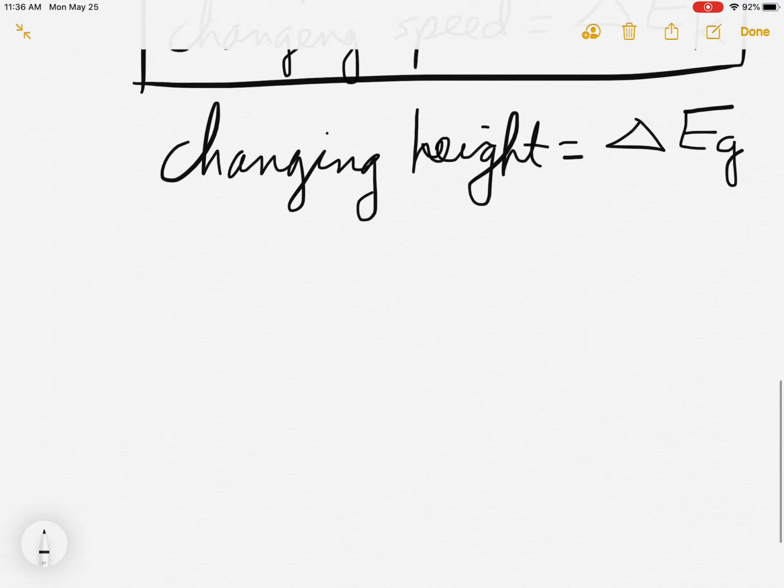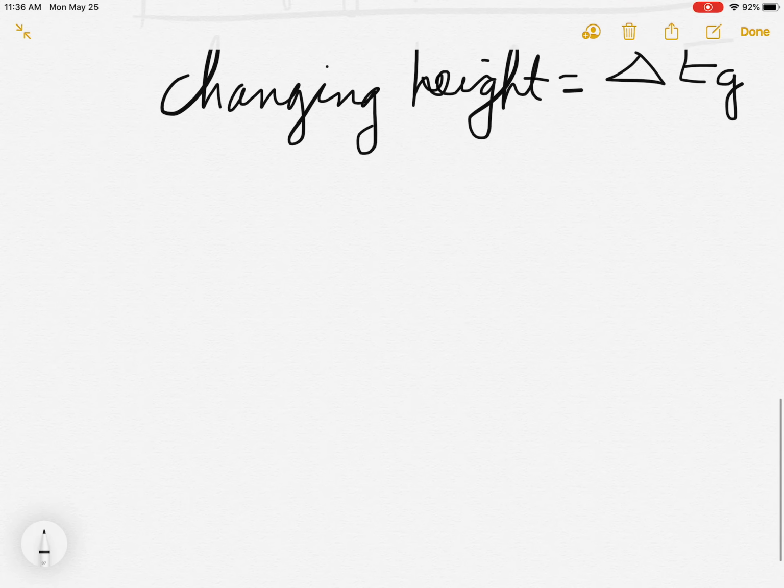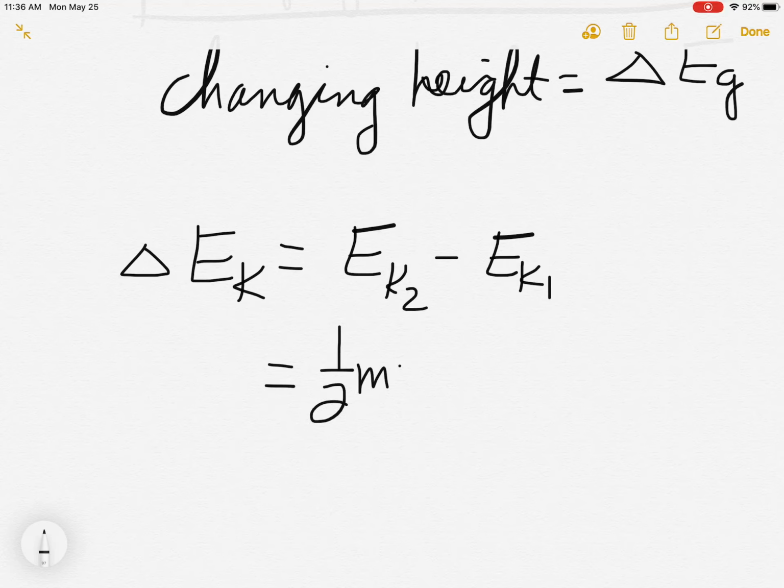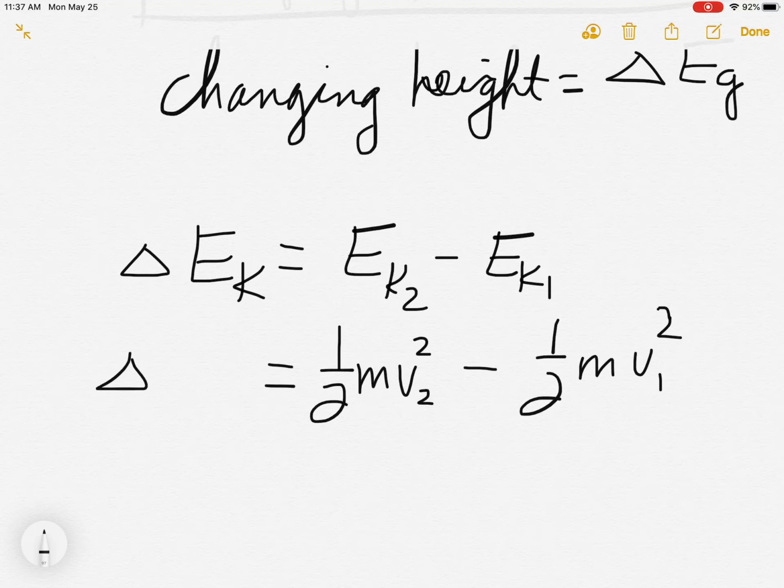So let's look at that change in speed. What we can say is, well, let's look at the change in kinetic energy. The change in the kinetic energy would be EK2 minus EK1. That's how we do all changes in science, right? So we can write down, okay, well, kinetic energy is 1/2 mv squared, so we'll use a 2 here, and 1/2 mv squared 1, the first speed and the second speed.